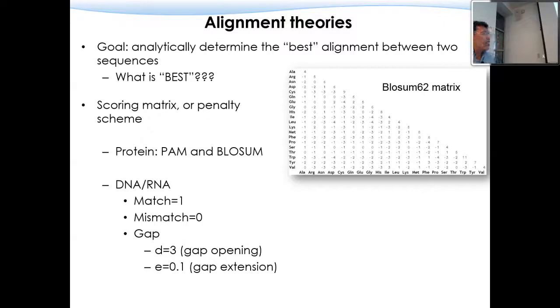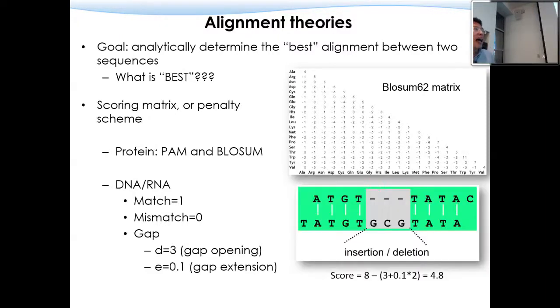And sometimes there is a gap, where you give a bit more penalty. There is a gap opening, where you give a penalty like 3, and for additional gap extension, you give 0.1. Of course, this definition is a little bit ad hoc. I'm just giving you one example here.